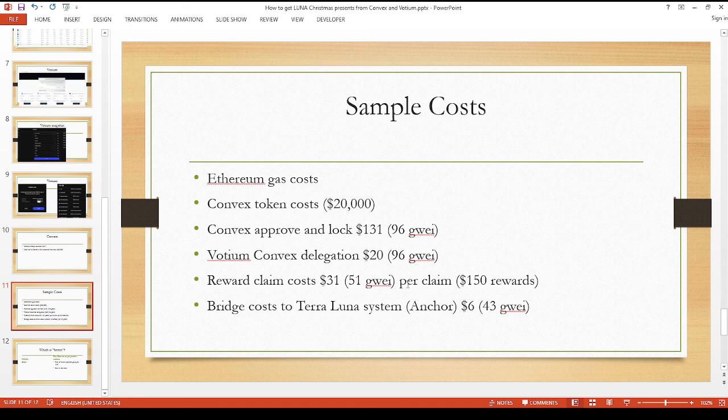But the gas costs were kind of fluctuating, so you have to keep that in mind. And you could also claim multiple rewards at the same time.